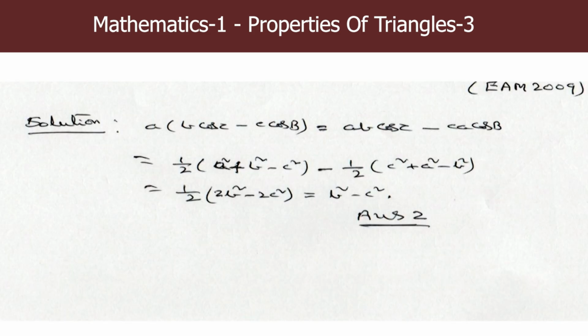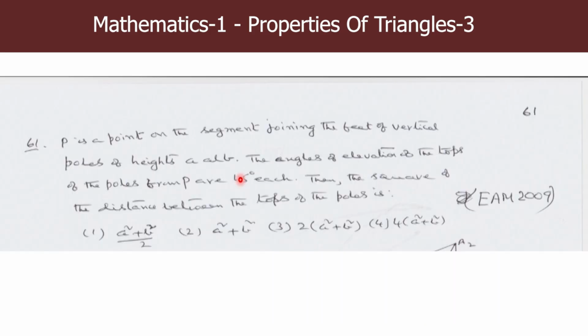Now a into b cos C minus c cos B is equal to, if you multiply, ab cos C minus ca cos B. But ab cos C by the cosine rule is half of a square plus b square minus c square, and minus half of c square plus a square minus b square. So that is half of 2b square minus 2c square, which is b square minus c square. So the correct answer is option number 2.